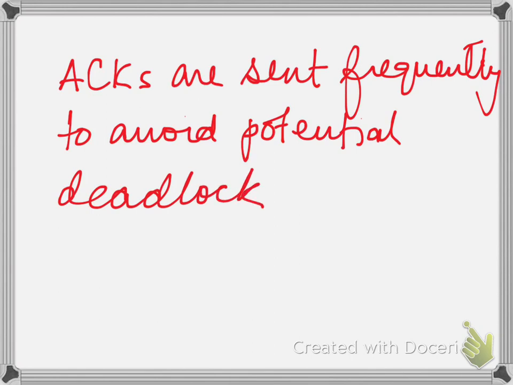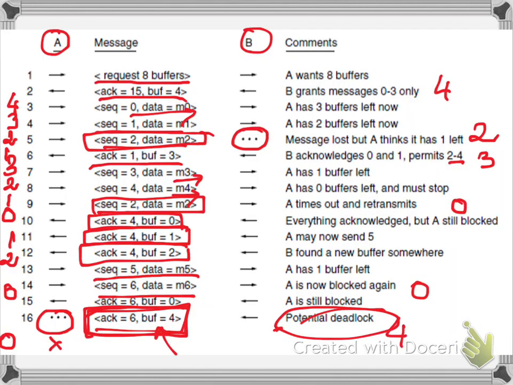As you can see here, maybe the next message which will come will have ACK equal to 6 and buff equal to 4. So maybe this will reach, and A will now update its buffer allocation to 4.